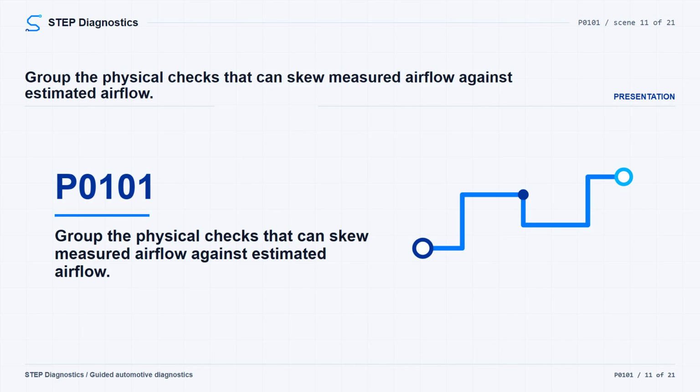After the scan checks, look for physical conditions that can make measured airflow disagree with estimated airflow. Check the B75C sensing element for contamination, visible damage, or water intrusion. Clean the sensing element if possible. If it cannot be cleaned, replacement of the sensor is supported.